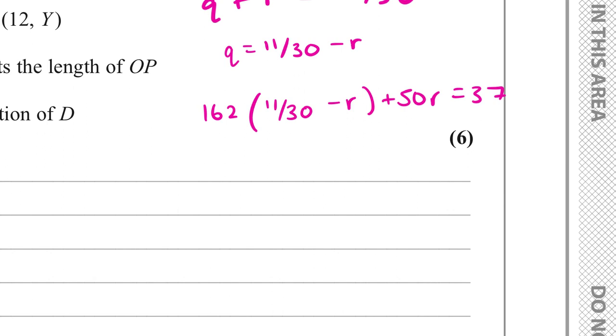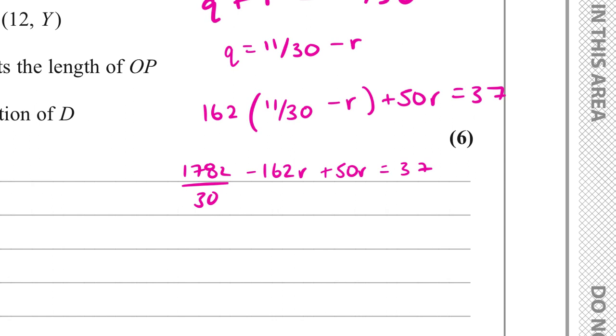Okay. We can expand, rearrange, etc. So we're going to get 1782 over 30 minus 162r plus 50r equals 37.